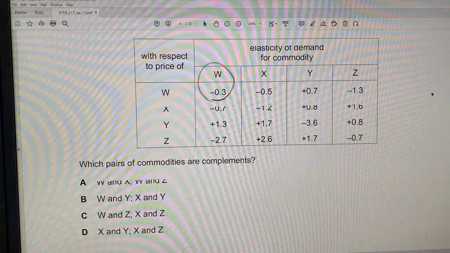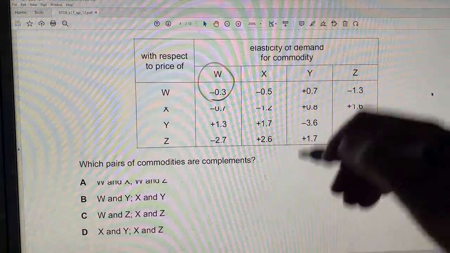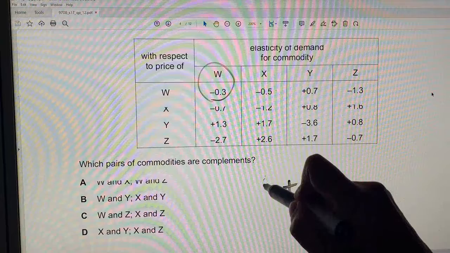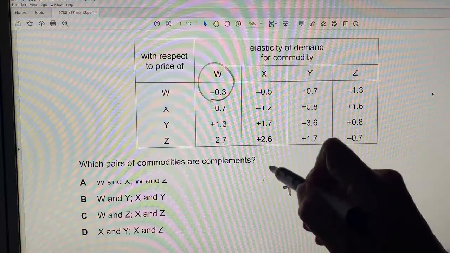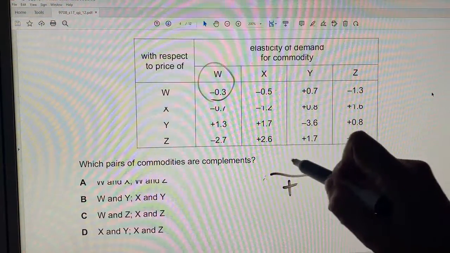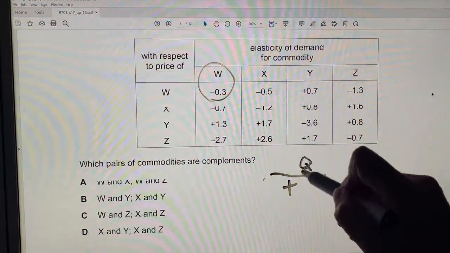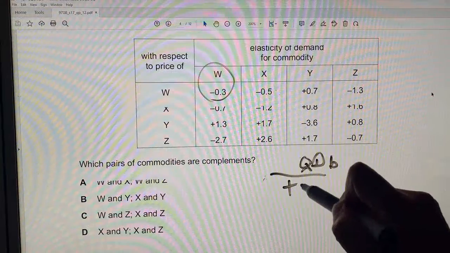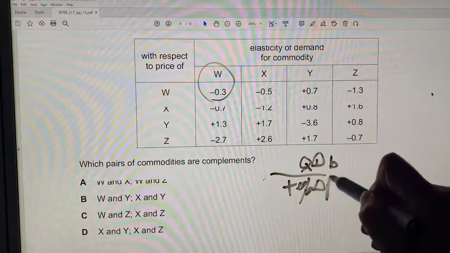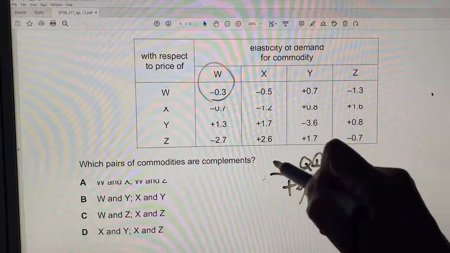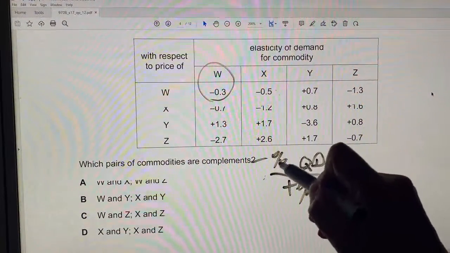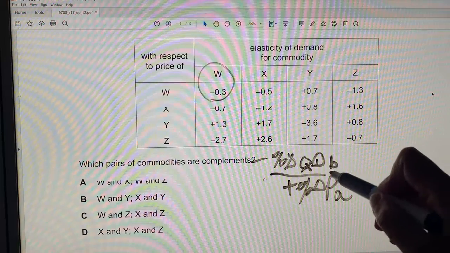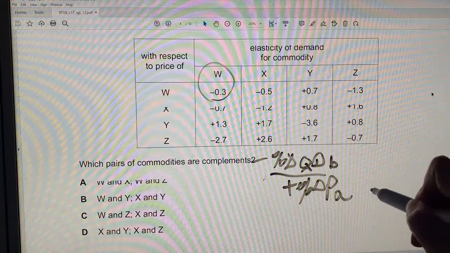For complements, if the percent change in price increases, then the percent change in quantity demanded of the other good will fall. So if the percent change in price of A is positive, then you'll have a fall in the percent change in the quantity demanded of the other good, and the opposite is true.